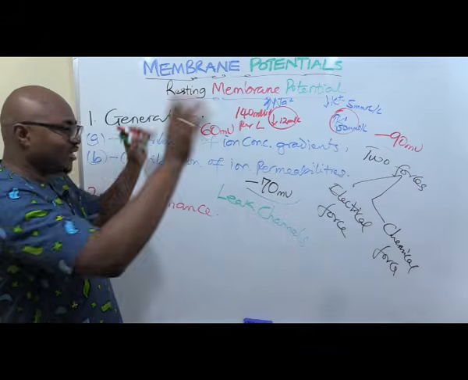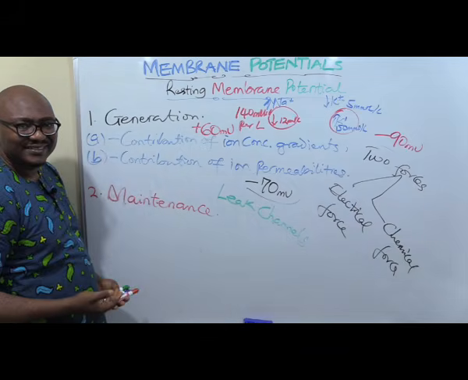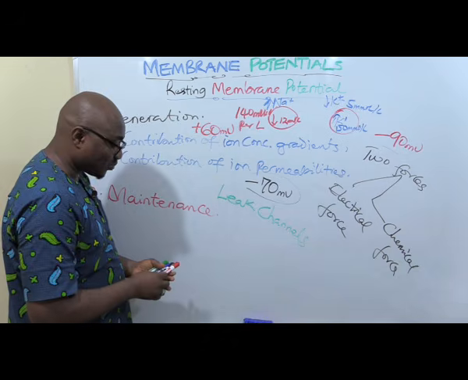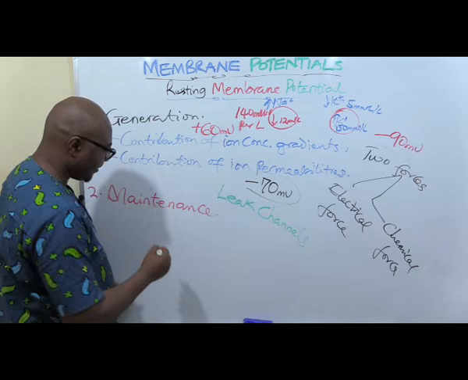So that is it. So the next thing I'm going to be talking about is how is it now maintained? How is it maintained? There is what is known as the sodium potassium ATPase.